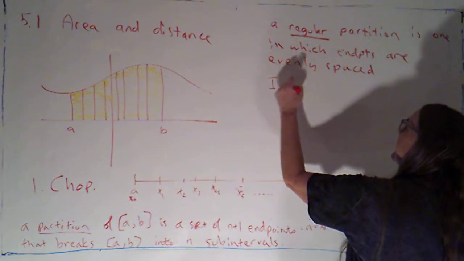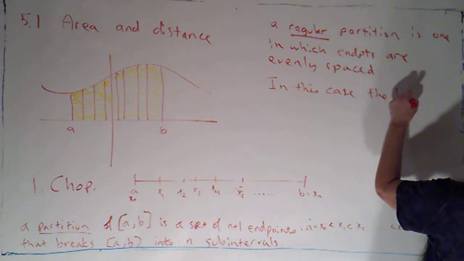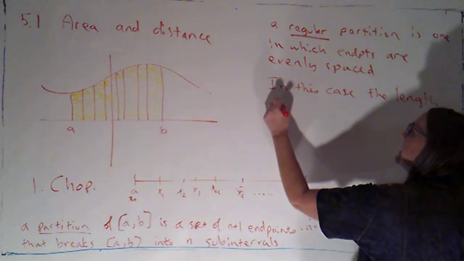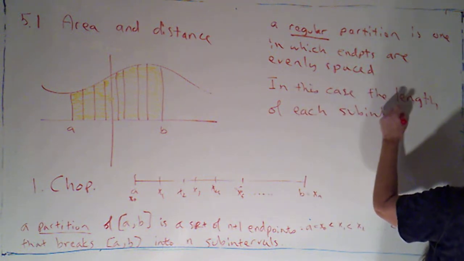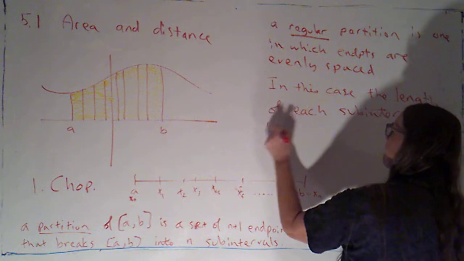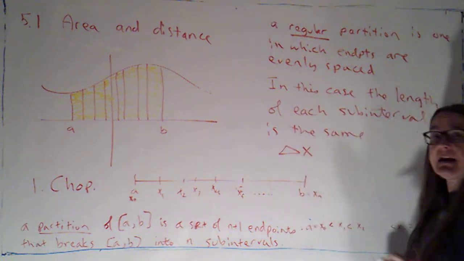So in this case, the length of each subinterval is the same. So I'm just going to call that delta x.